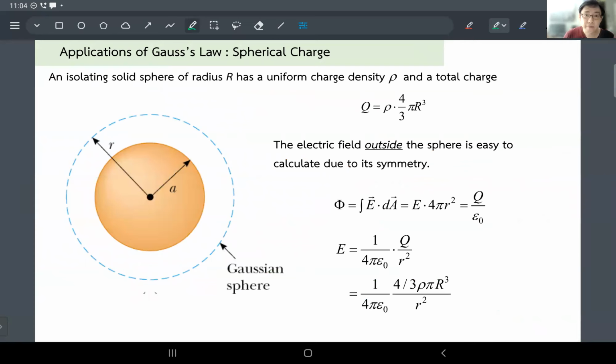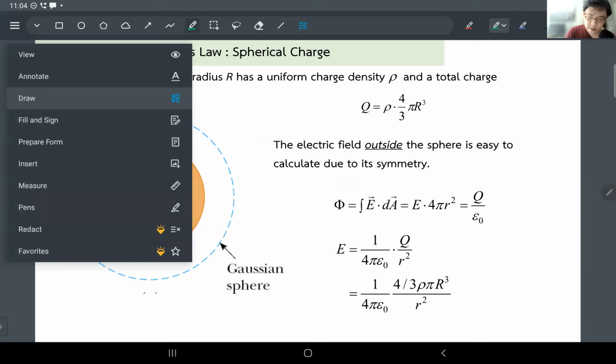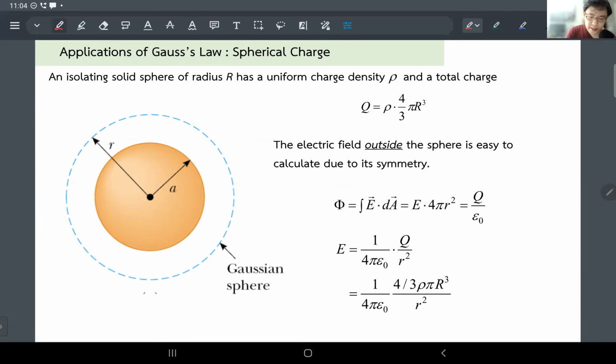So when there's nothing there, the symmetry we are talking about is a spherical symmetry. This is the reason why, if you are dealing with a spherical object with a charge on it, we build just a sphere wrapping around it. We utilize the symmetry we're talking about over here. This is going to be the shape of the Gaussian surface that we're going to build.